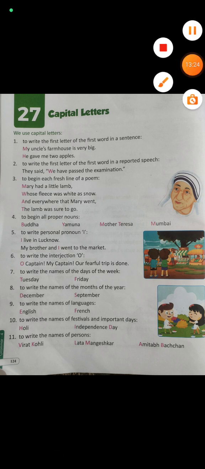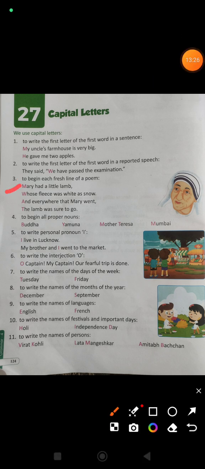As you can see here, Mary had a little lamb, first line. Then the second line they started with a capital letter: Whose fleece was white as snow.